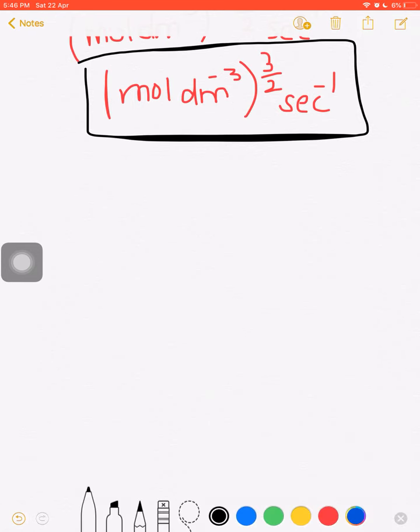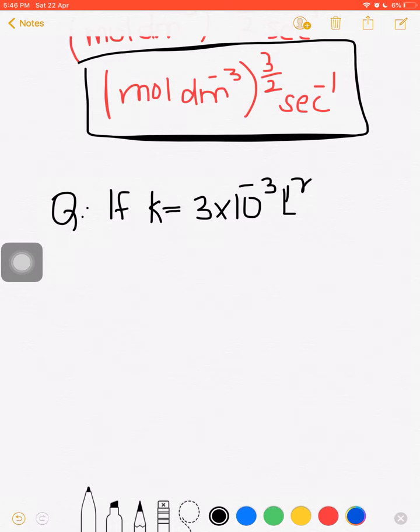Okay, let's do a word problem related to this, right? This is a question. Consider that k is equal to 3 times 10 to the power minus 3 liter square mole minus 2 second minus 1. Here dm cube is replaced by liter.